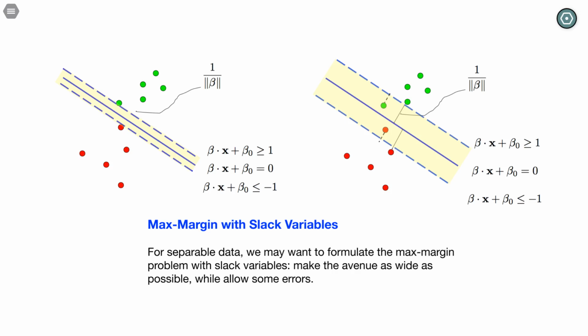But on the right-hand side, we're going to place a wide avenue. And yes, some data points are going to be on the wrong side, but eventually we try to minimize the objective function, which combines two goals. One is to maximize the margin, another is to minimize the error.